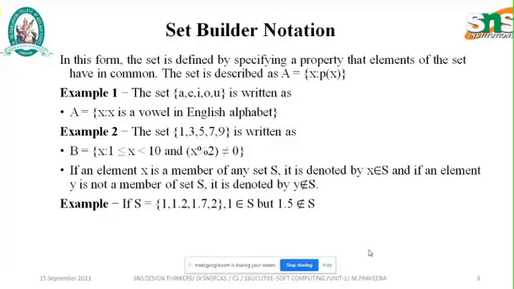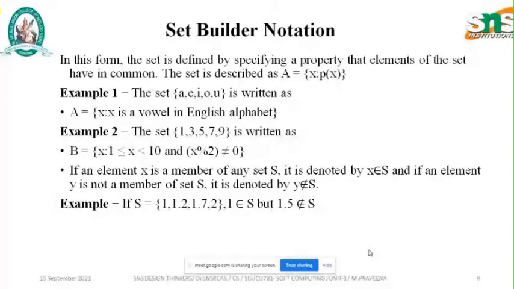Similarly, we can represent the odd numbers less than 10 as B = {x : 1 ≤ x < 10 and x divided by 2 is not equal to 0}. This is called set builder notation.